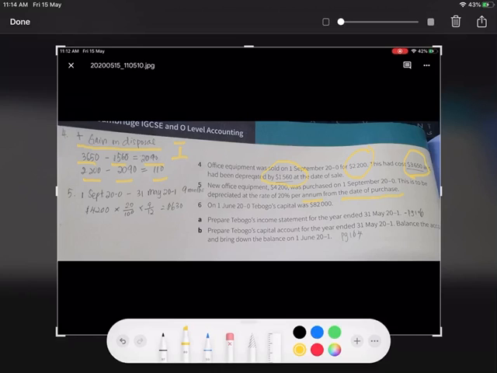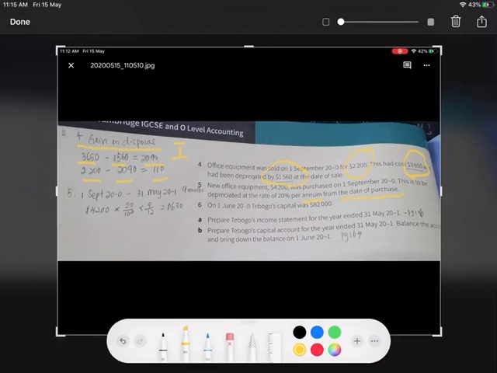We must count from 1st September 20-0 to 31st May 20-1. How many months in between? September, October, November, December, January, February, March, April, May. So in total there are 9 months.